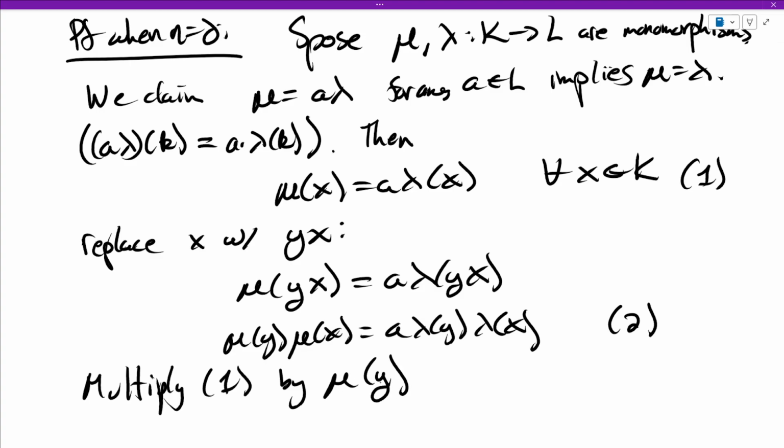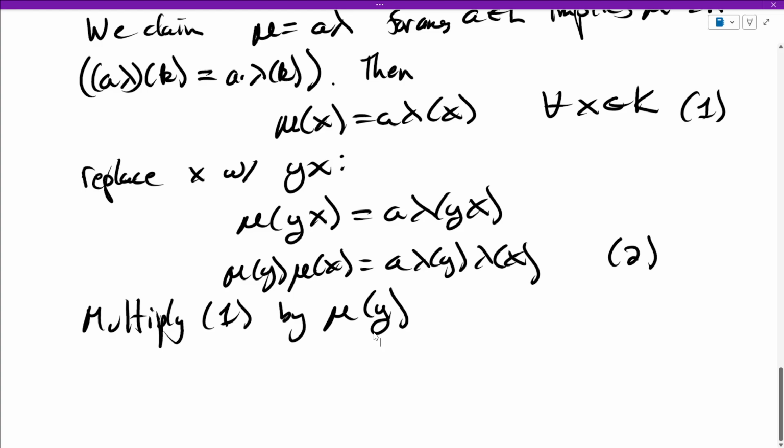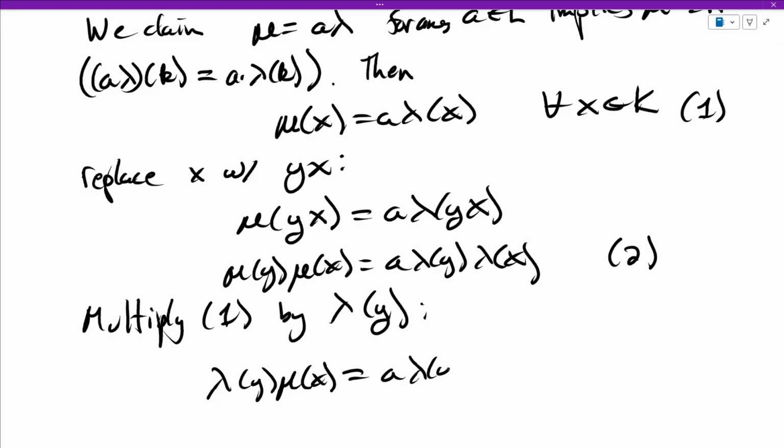Lambda of y is just some element of L, depending on what y is. When we do that, we get lambda of y, mu of x is a lambda of y, lambda of x.